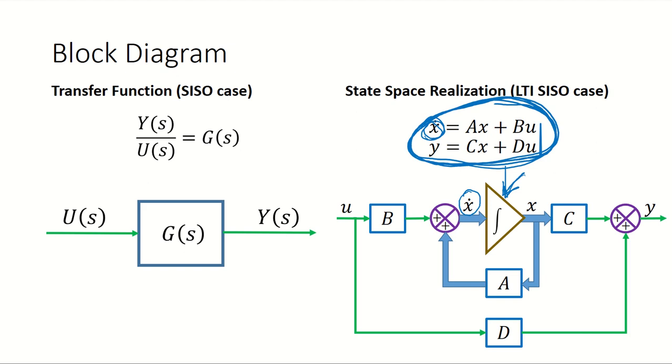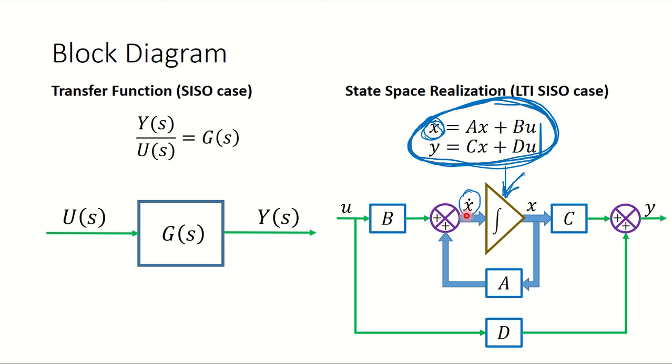Then you can read through the equation and you can read through the block diagram, it matches pretty well. So as you can see, x dot at the output of the summer must be equal to the input of the summer. So x dot equals a into x plus b into u, ax plus bu equals x dot.